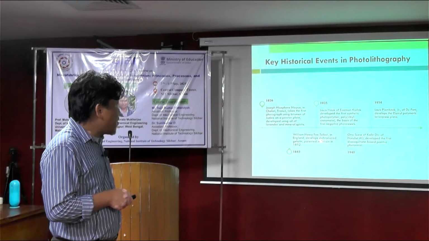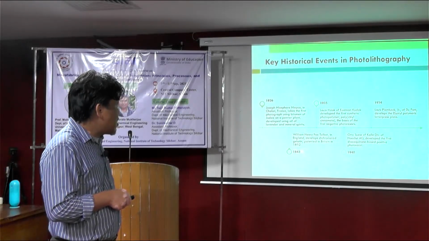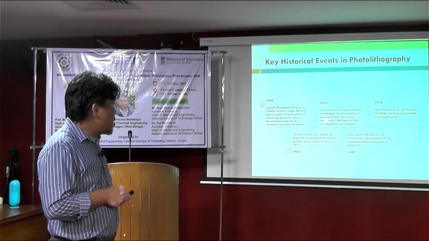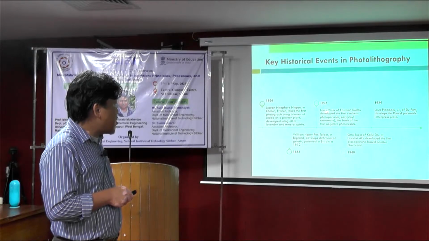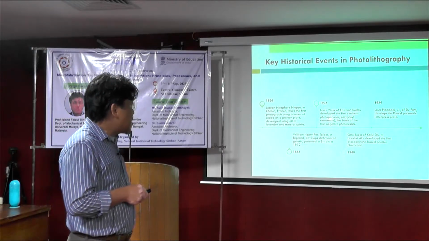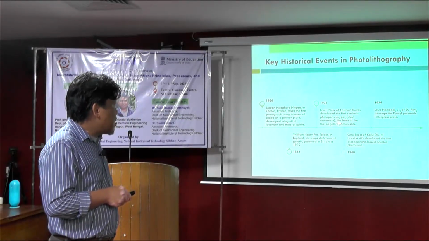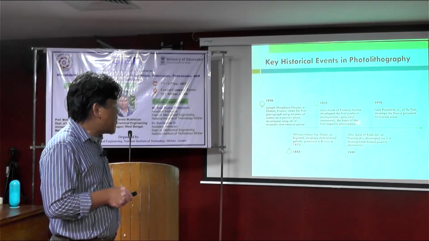And William Henry Fox Talbot in England developed dichromated gelatin, patented in Britain in 1843. Then in 1935, Louis Minsk of Eastman Kodak developed the first synthetic photopolymer, polyvinyl cinnamate, the basis of the first negative photoresist.